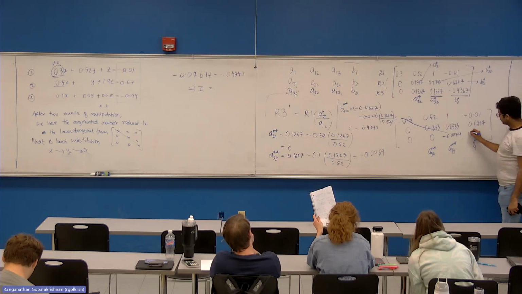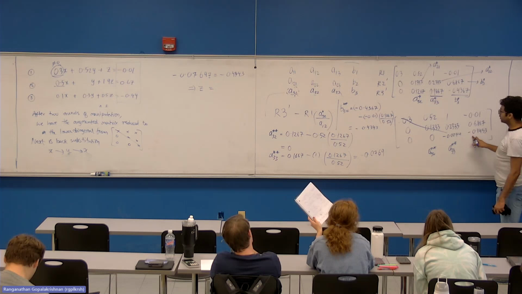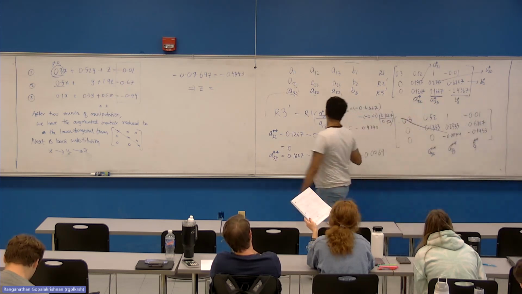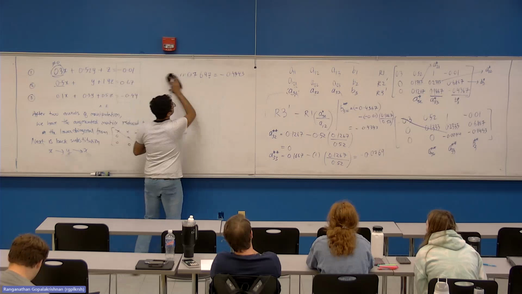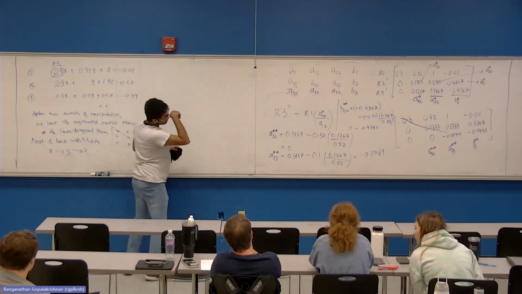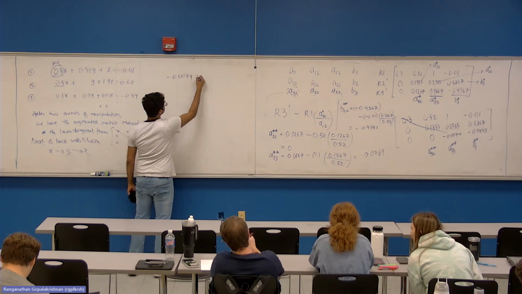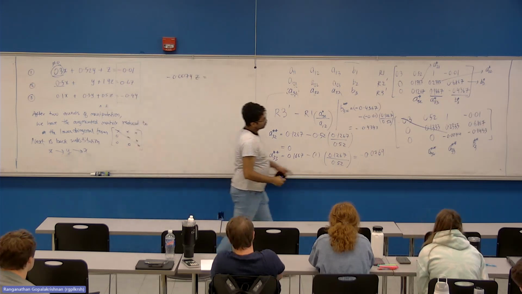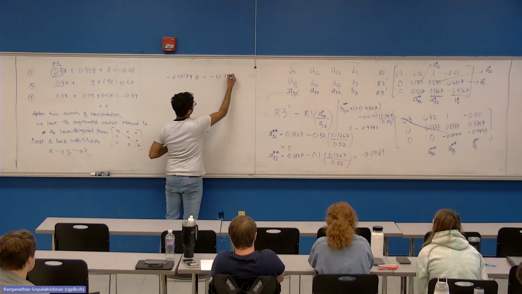Negative 1453. If we use these values, I would still like to use them to make my point. Okay, if you don't mind. So I'm going to say this is negative 0.0074 times Z equal to negative 0.1453.